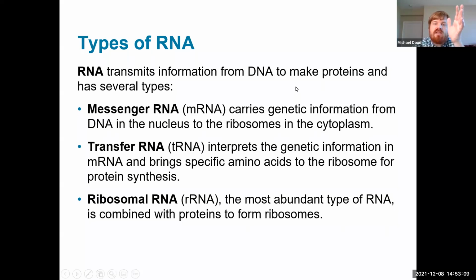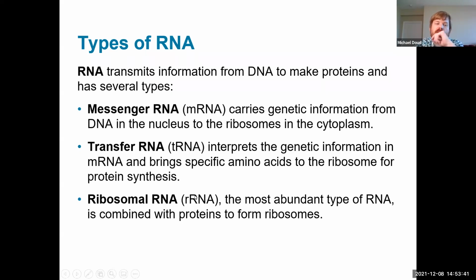So mRNA takes the genetic information from DNA and takes it to the ribosomes that are in the cytoplasm. This is where translation occurs. Transfer RNA is a particular shape of RNA. We're going to take a look at it more closely in a minute. But what it does is work with mRNA to take the mRNA message from the DNA and turn it into specific amino acids in a process known as translation.